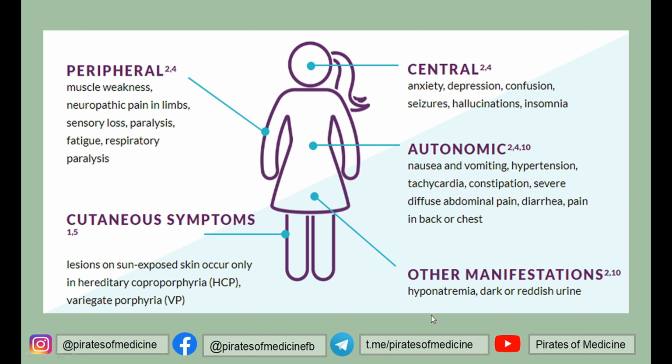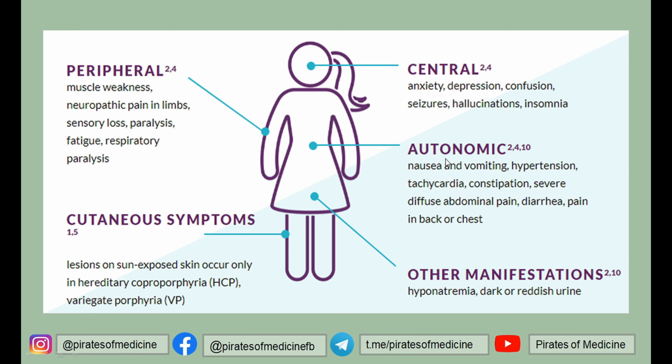Other than that, the patient has some central symptoms like anxiety, depression, confusion, seizures, hallucinations, and insomnia. Cutaneous symptoms are more characteristic, like lesions on the skin exposed to the sun, which occur specifically in hereditary porphyria and variegate porphyria. Another important symptom is photophobia.